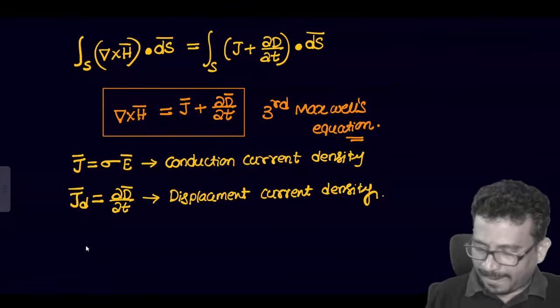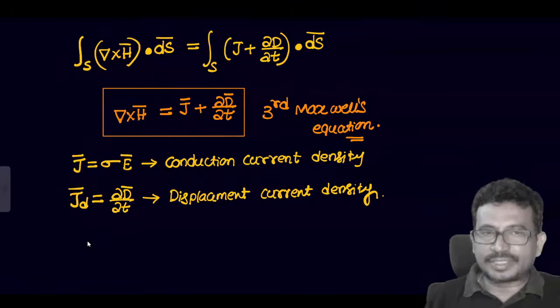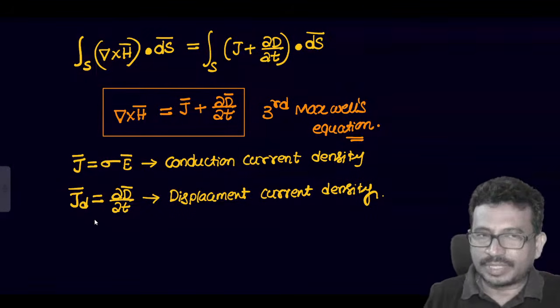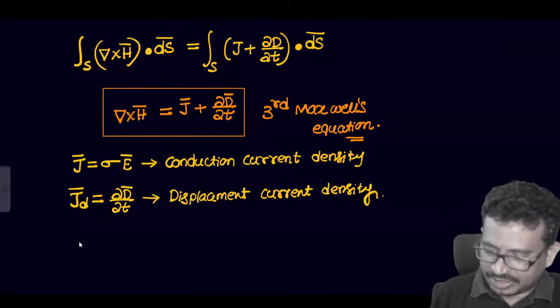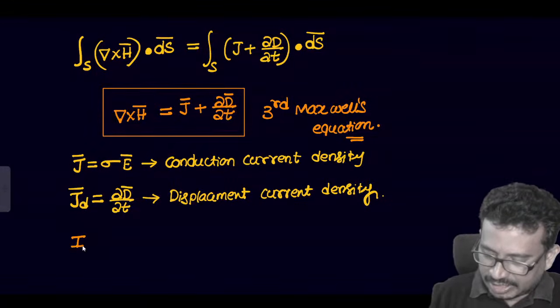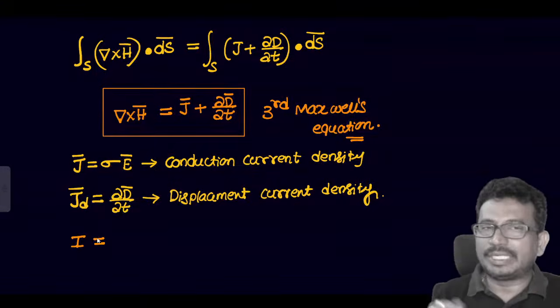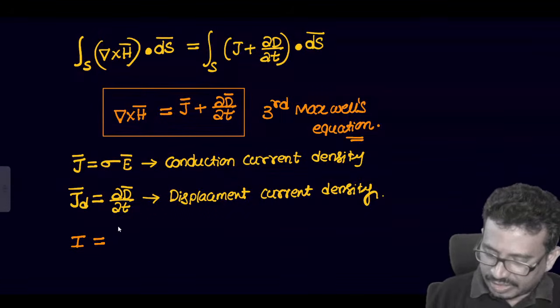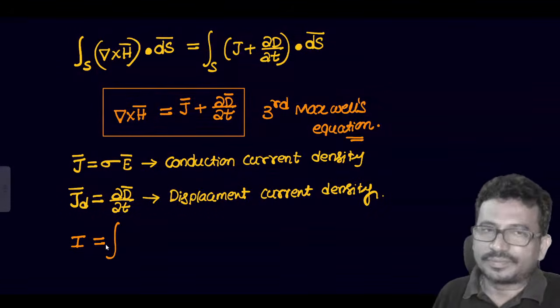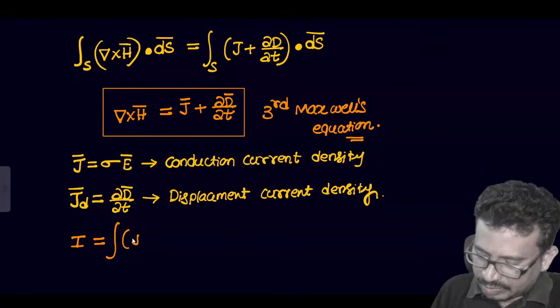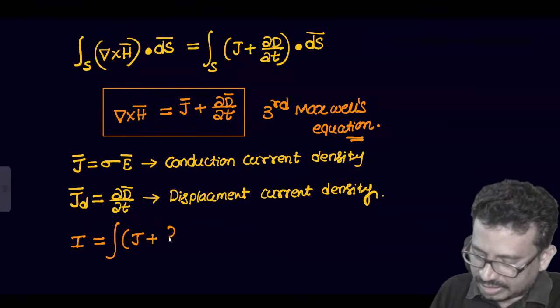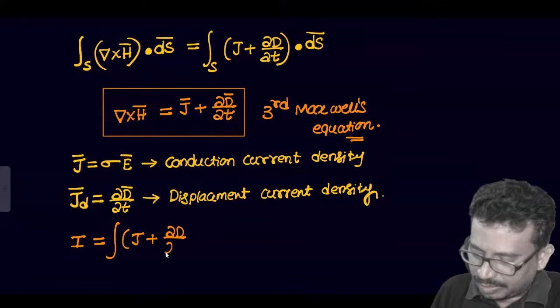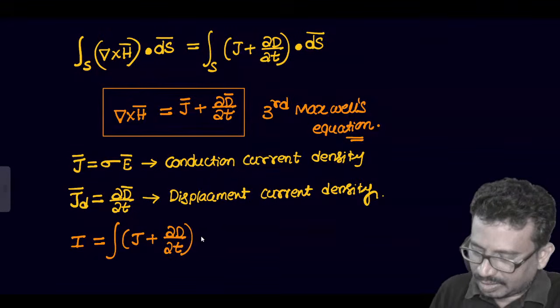Now we have displacement current density and conduction current density. How do we get the current from current density? By integration: the integral of J plus dou D by dou t, dot dS.